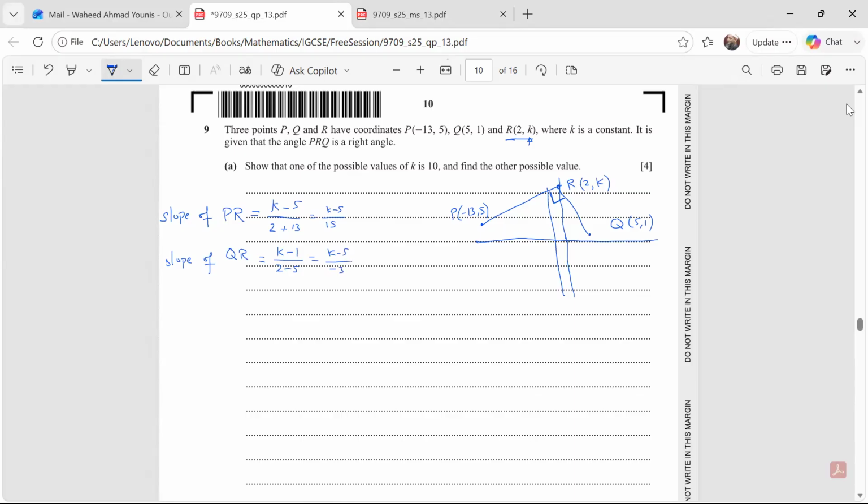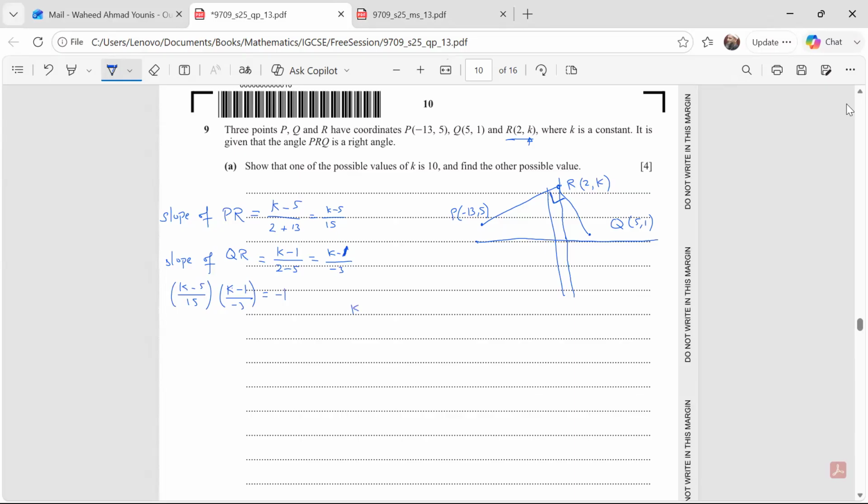If these two lines are perpendicular, then the product of the slopes has to be minus 1. So (k minus 5) over 15 times (k minus 1) over minus 3 is equal to minus 1.